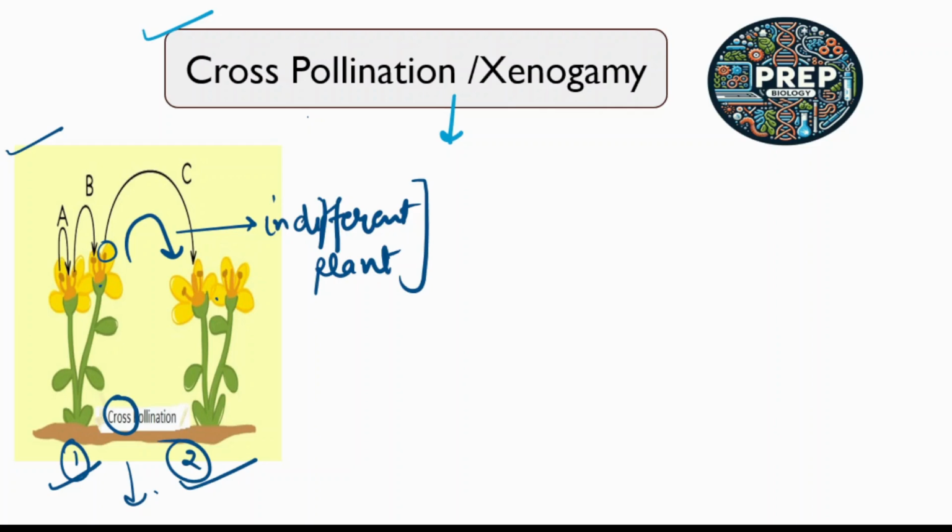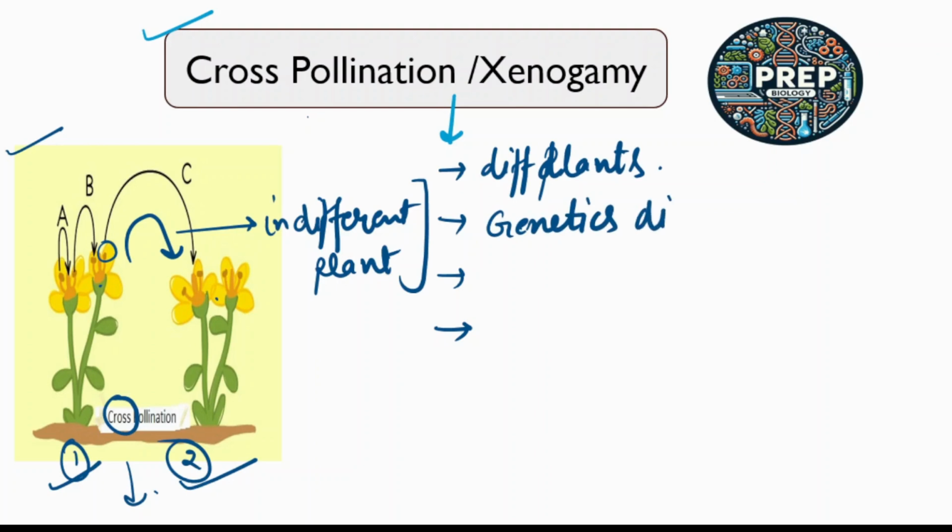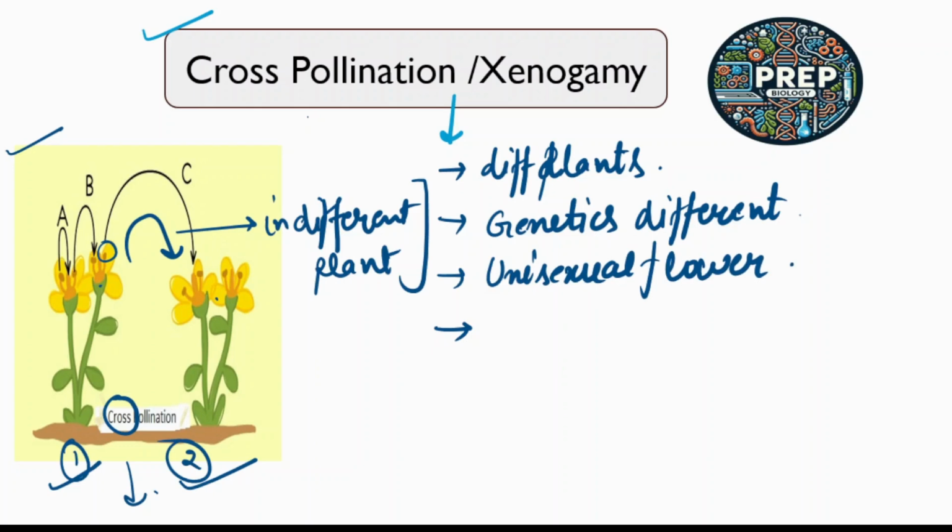Okay, so there are different features of cross pollination or xenogamy. The first feature is that the transfer occurs in a different plant, so genetically they are different from each other. The third is it occurs in unisexual flowers. This is very important. What is a unisexual flower?